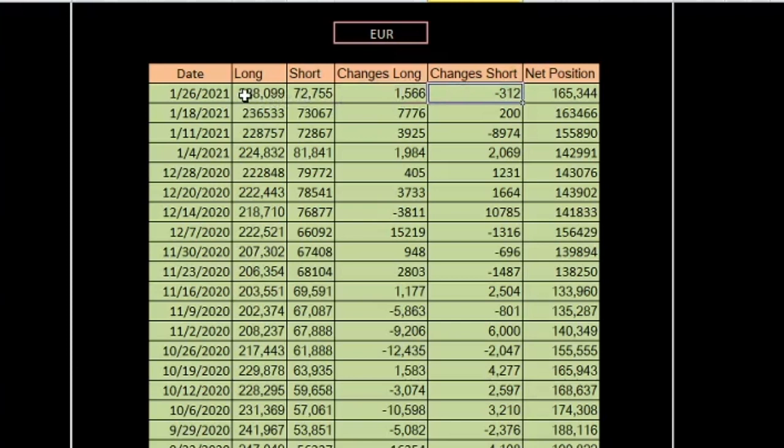Currently we have 238k longs and 72.7k shorts. An important point is that the euro market increased net position from 133k to 165k. Because of that, we can expect the market should move to the upside after completing the impulse, correction and impulse pattern.